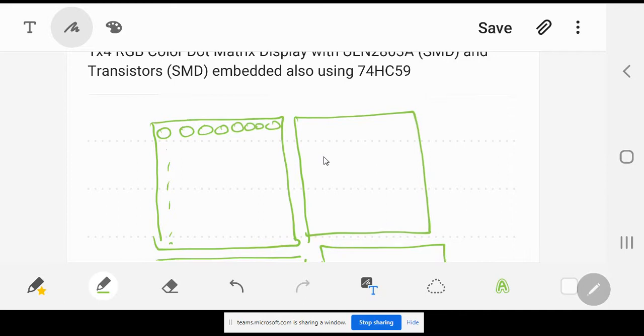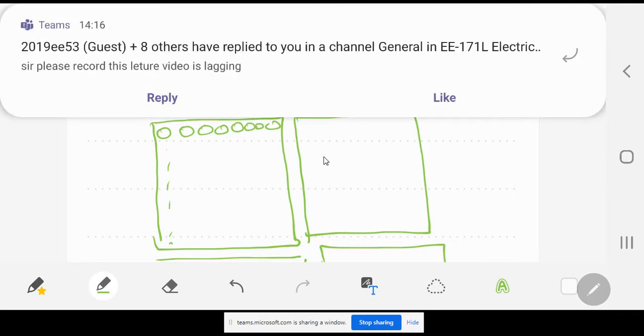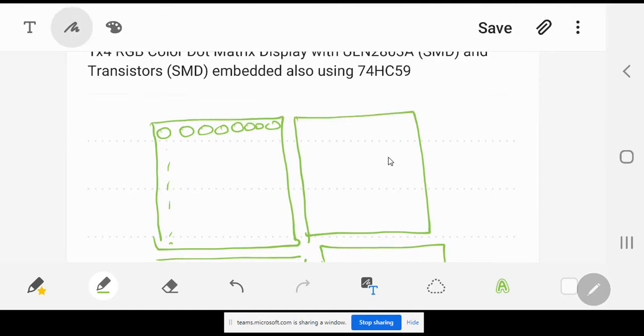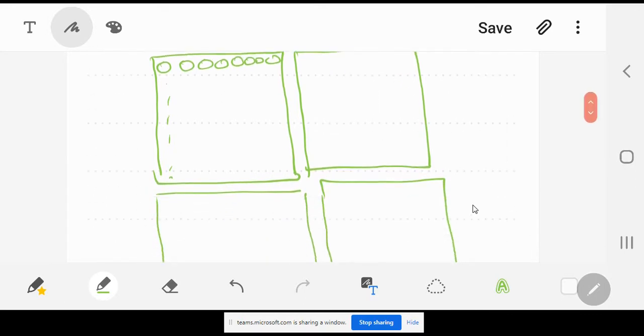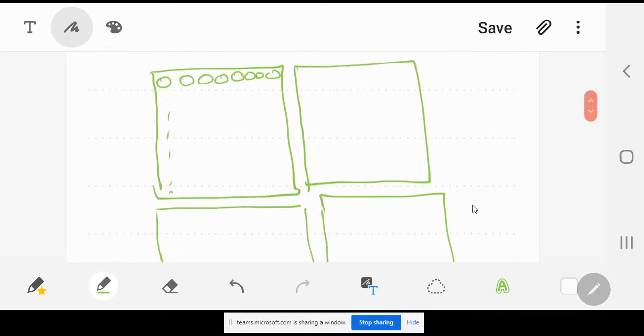If it's yellow, it's going to be different. If it's green, it's going to be different, and if it is RGB, it's going to be different. Yes, it is being recorded, don't worry, everything is being recorded. So supposing this is a yellow one, this is also yellow, this is also yellow, this is also yellow.